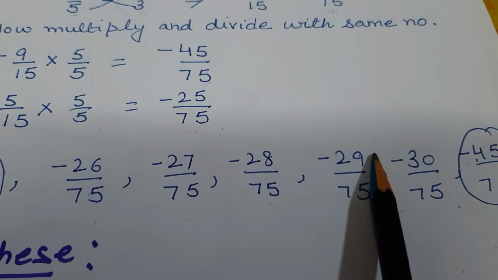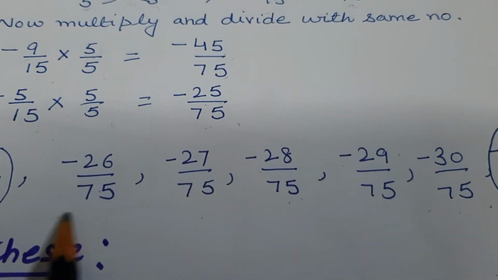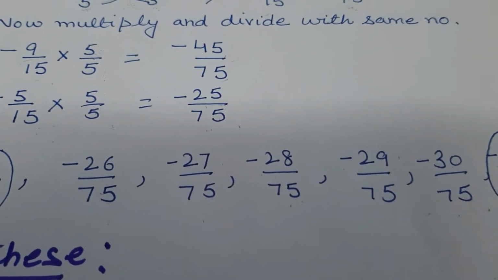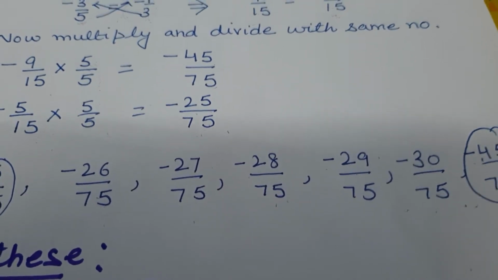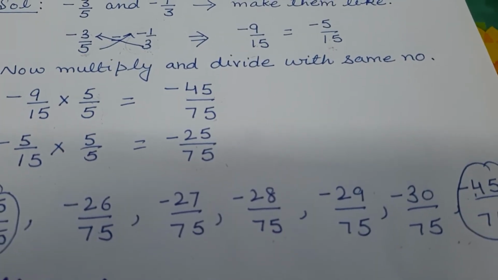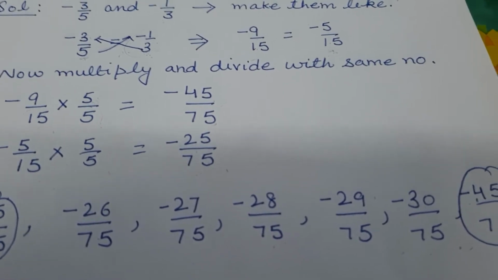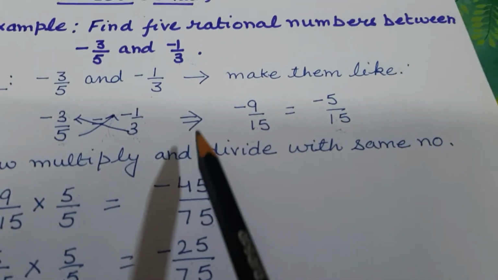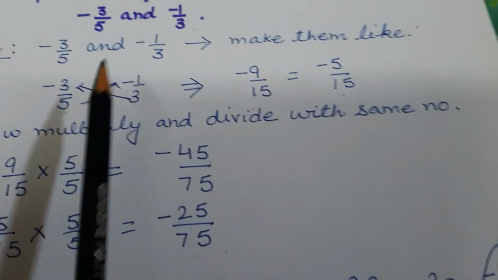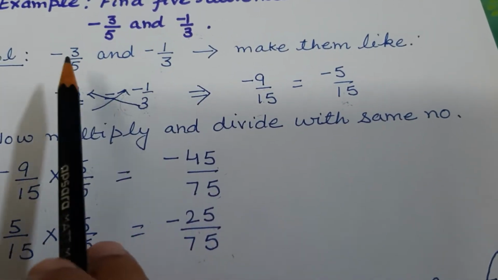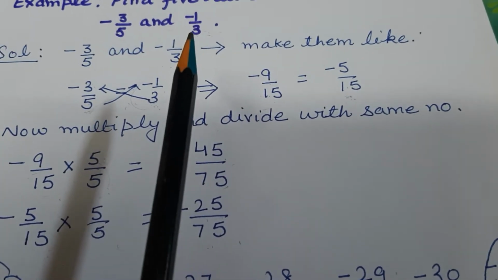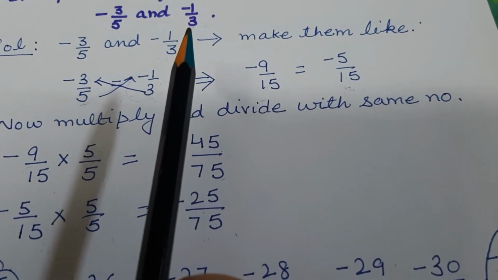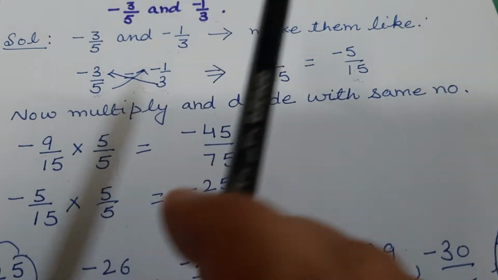Now the question may come to your mind: are only these the rational numbers between these two? No, there are endless, or you can say countless, rational numbers between any two numbers, whether they are integers or rational. How?